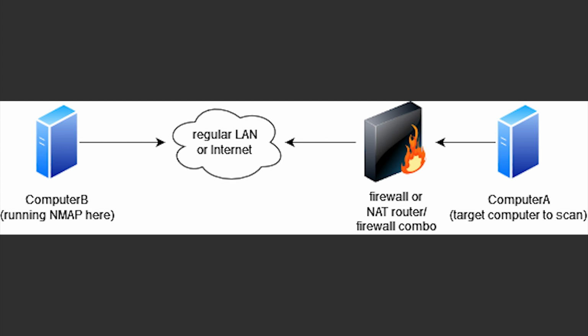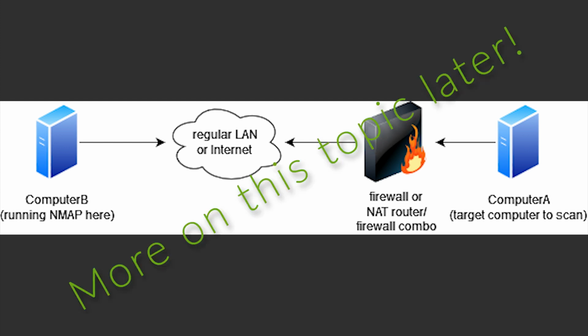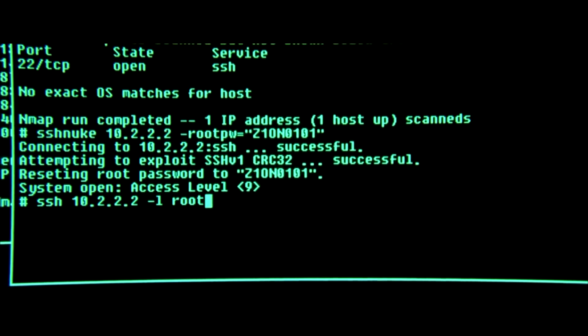Assuming that I hadn't configured the firewall to pass through traffic to computer A, you wouldn't be able to see those ports as being open. Running nmap on computer B against computer A would show no open ports, even though the ports are open and listening on computer A, because they are being blocked by the firewall.